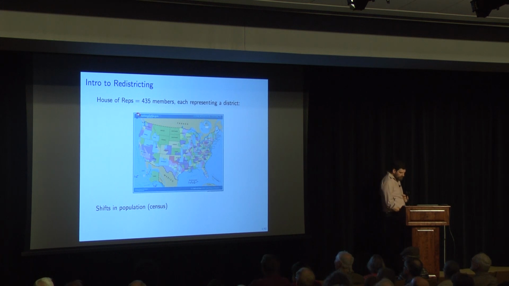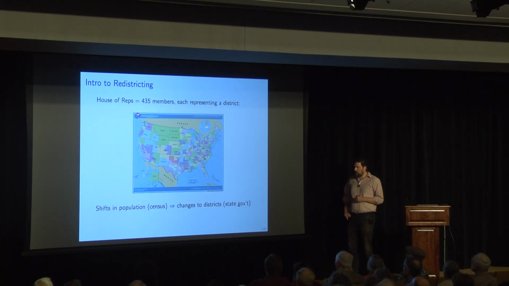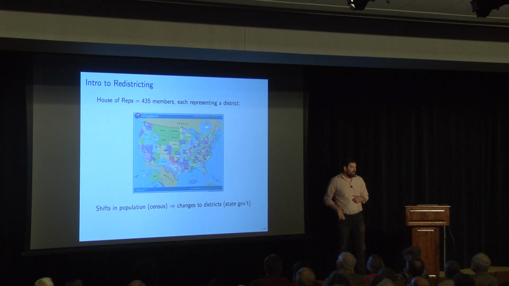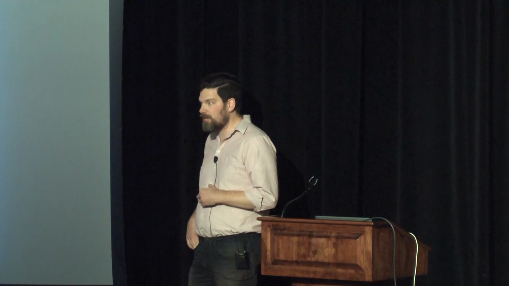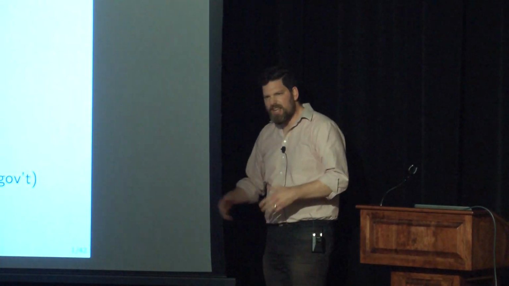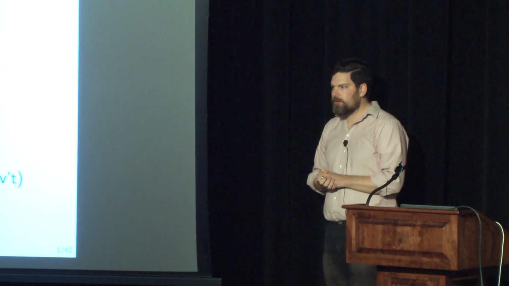And that information is passed to state governments, who then are told how many representatives they get this time. And then they also use the census information to decide how to chop up their state into voting districts, okay? So that signal comes from the census. And that signal also informs how districts are cut up for like state government type stuff, okay? And there's a similar story there.